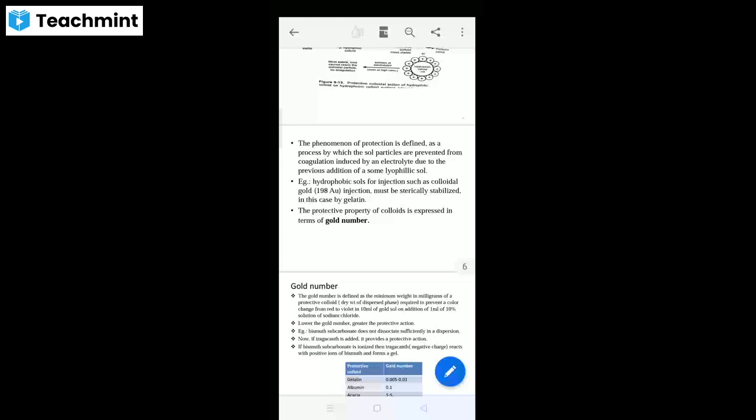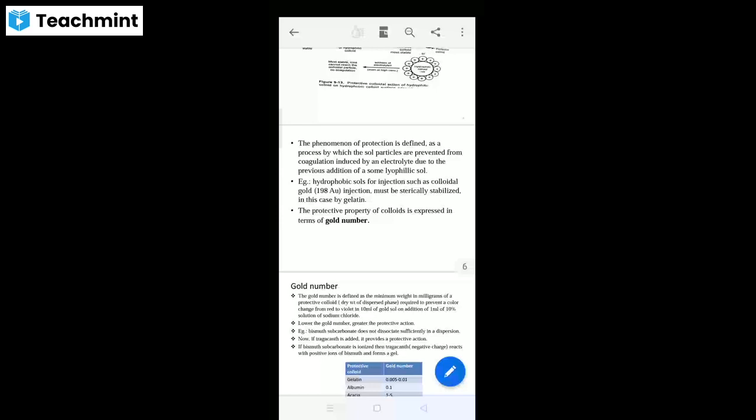Earlier we have discussed the example of gelatin. That gelatin can be formed spontaneously. If it can be formed spontaneously, obviously it will be a hydrophilic type of colloidal dispersion. Nobody should confuse.